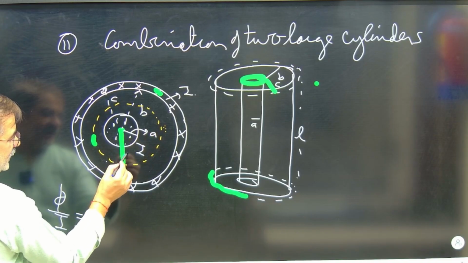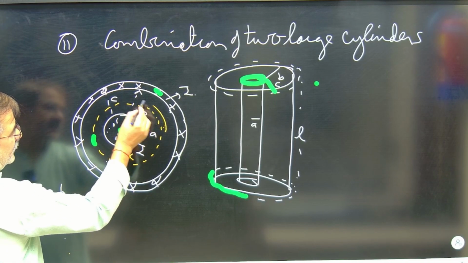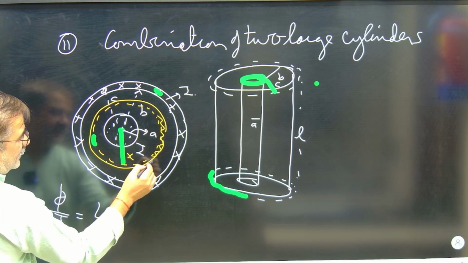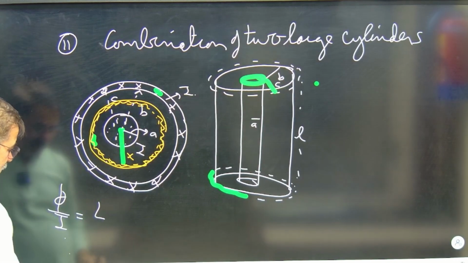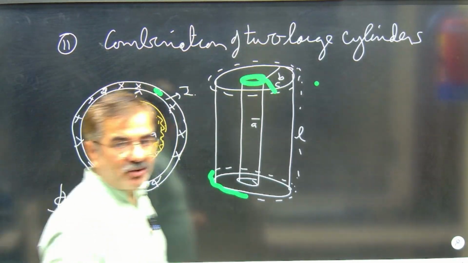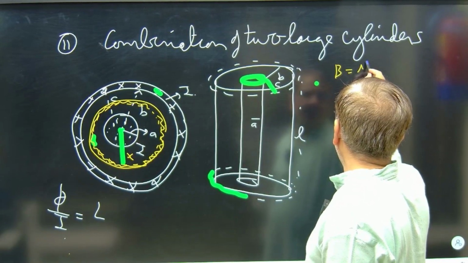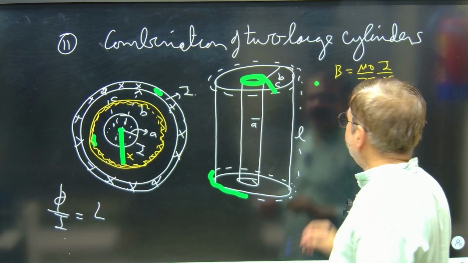So I take this radius as x, and for this radius x I will take some thickness also. For this thickness of cylinder I can find out the flux. So first of all we will see the field. Field due to the large cylinder, we know B is mu naught over 2 pi, I by x. This is the field value.